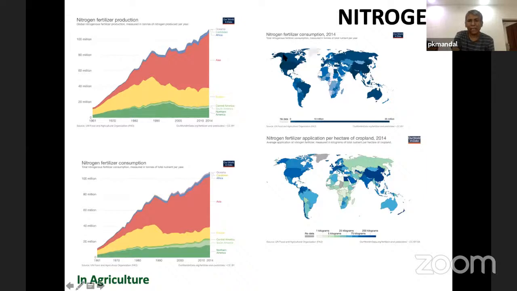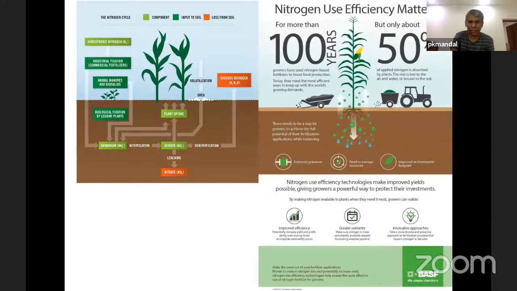Then in this case, it is typically a 2014 graph I just showed, of how different parts of the world use it. What we wanted to say is nitrogen is being used in a huge amount for agriculture purposes. So what it does is, see, if we are using 100% nitrogen, only 50% is being used, and the rest is lost.